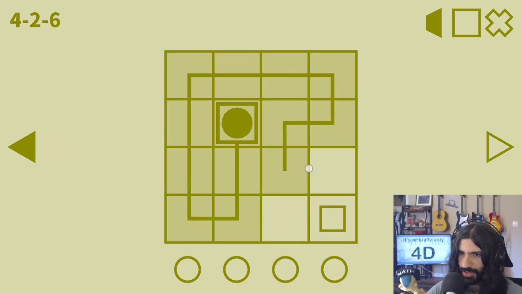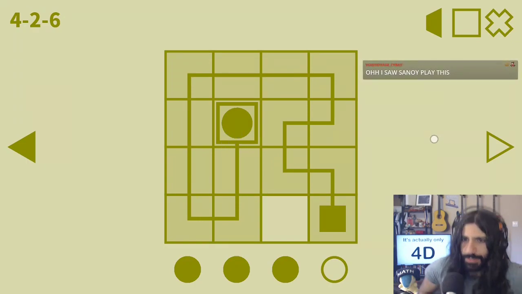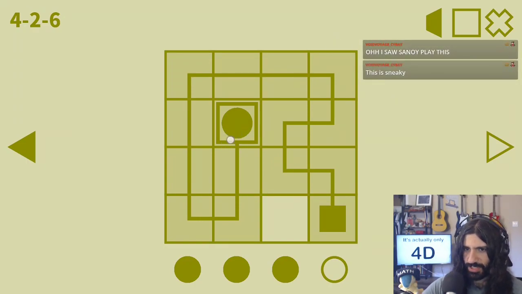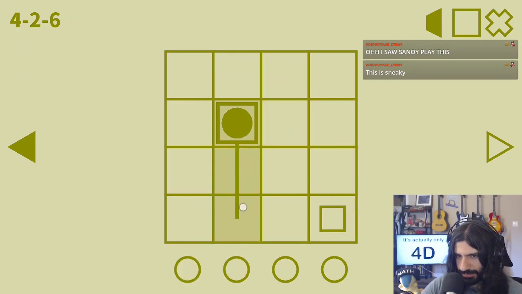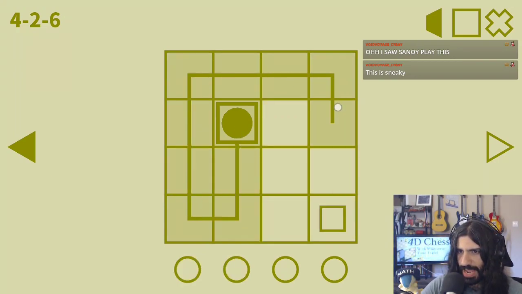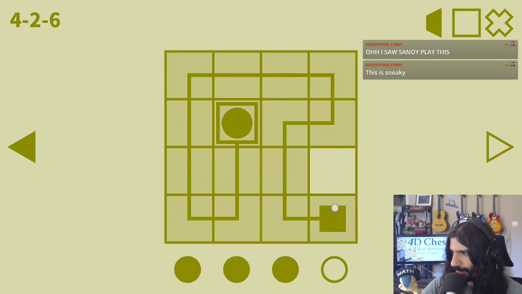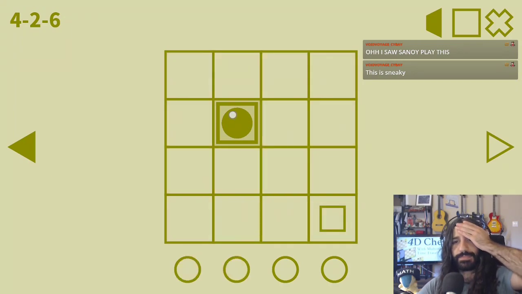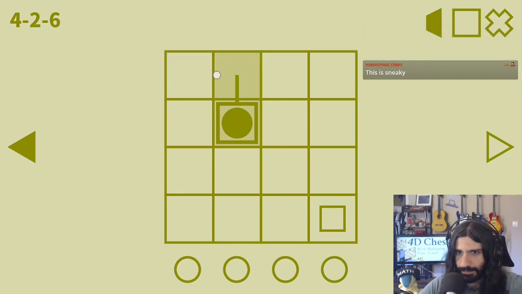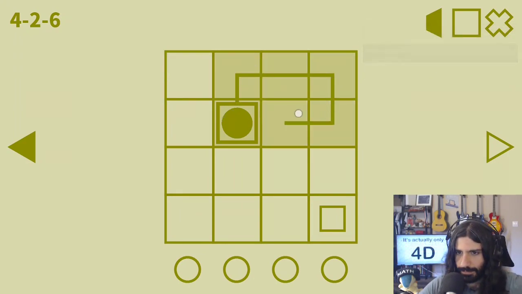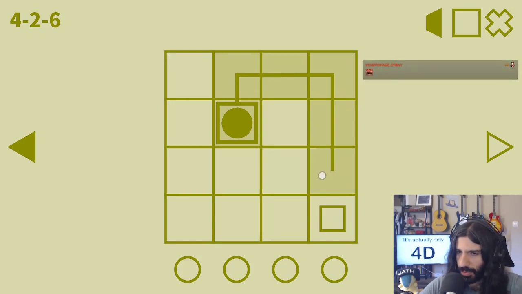No, because I still have an odd number of... I anticipate that because there's no triangle, I need to leave no negative space. Or maybe I need to leave an empty... No, I'd be surprised if that were the case. Is this sneaky? Let me think. This thing is in the corner.